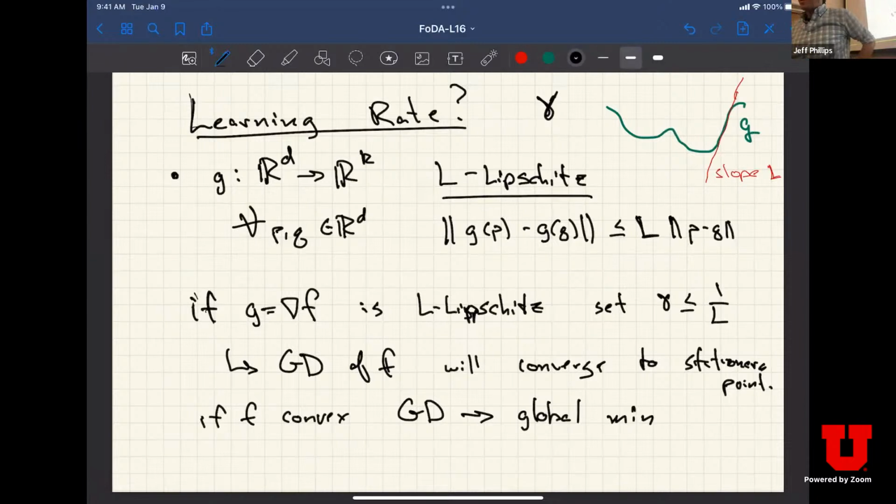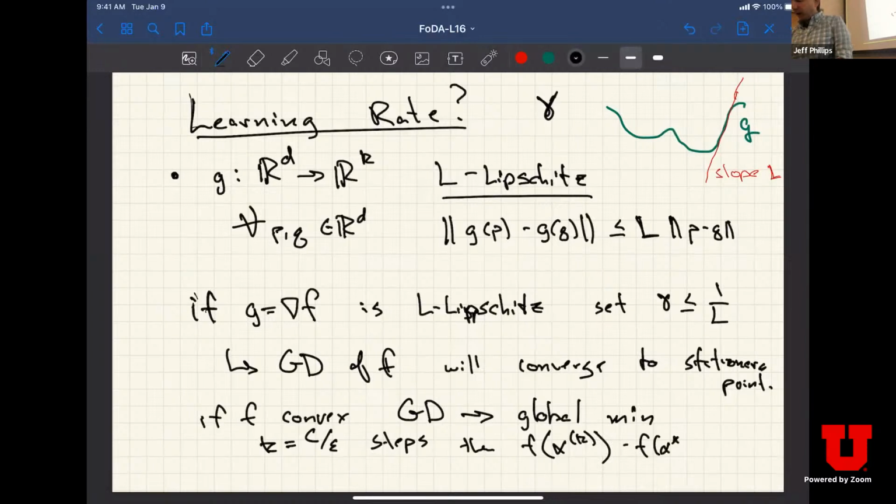And in fact, I can say that if I run for k equals some constant over epsilon steps, then I will have that f of alpha_k minus f of alpha star, where alpha star is the optimal, will be less than epsilon.